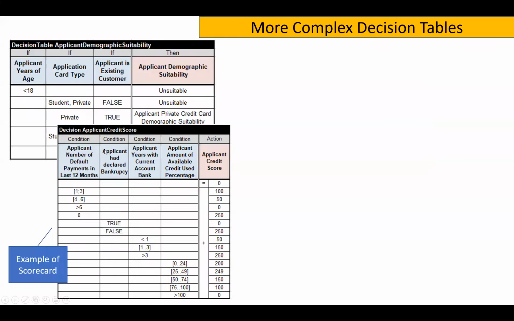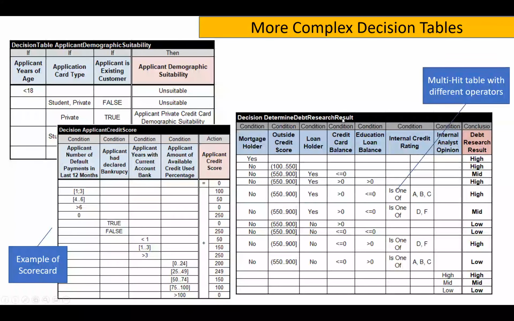And if you have a multi-key decision table, then you usually start with your default in the first rule. For example, in this scorecard, we calculate applicant credit score. We make this applicant score 0, and then based on values of these 4 different parameters, we can increment this credit score. Okay.